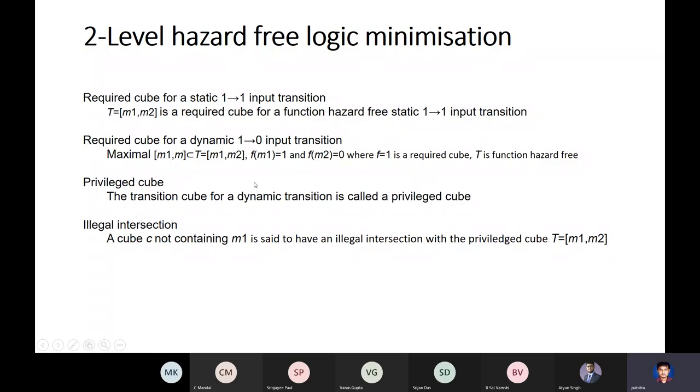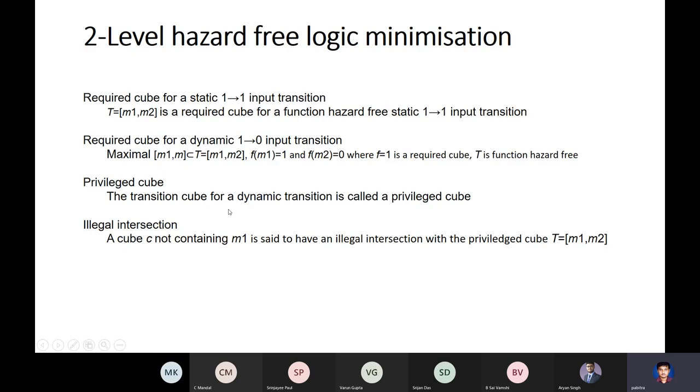For a 1 to 0 transition, it's a maximal subset of the transition cube, and then this is hazard free. You have to realize it. The privileged cube is what is important: if you have a dynamic transition, then the transition cube is called a privileged cube.